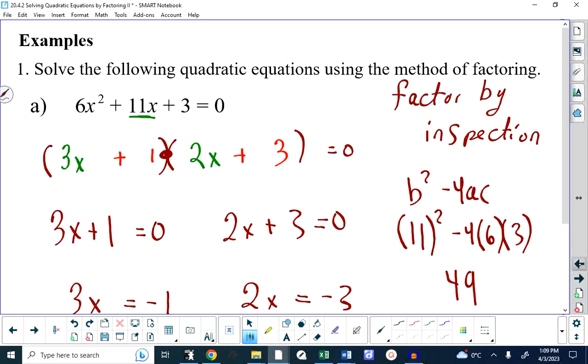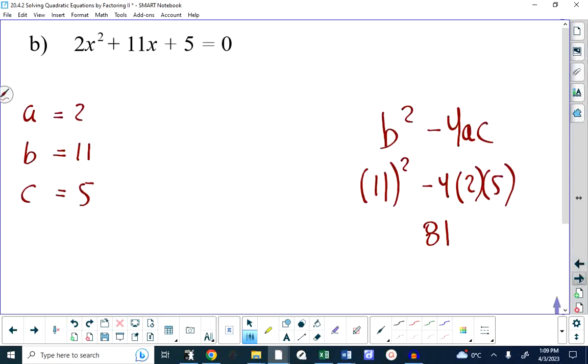What does the b squared minus 4ac here in A have in common with the b squared minus 4ac here in B? Ashira. They're both perfect squares. And I'm going to tell you, if that thing is a perfect square, it's factorable. Anytime b squared minus 4ac is a perfect square, it's factorable.